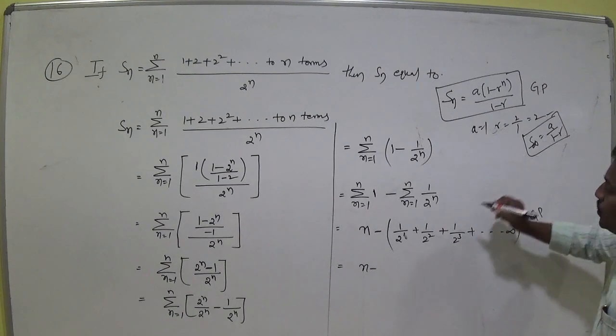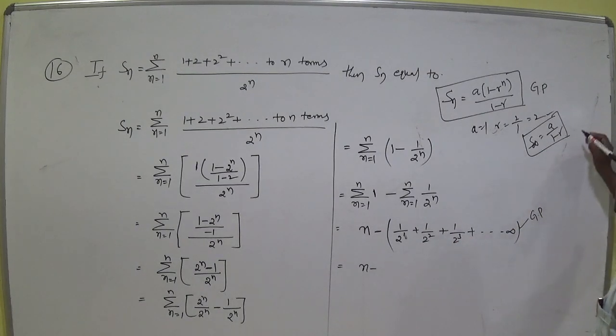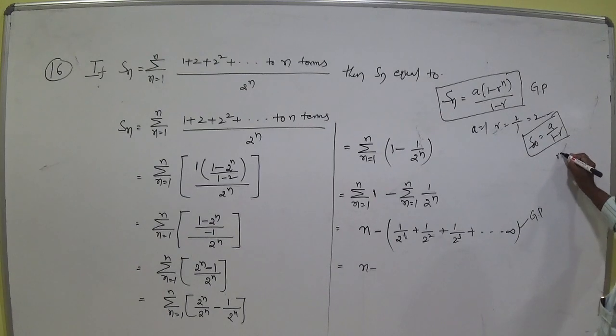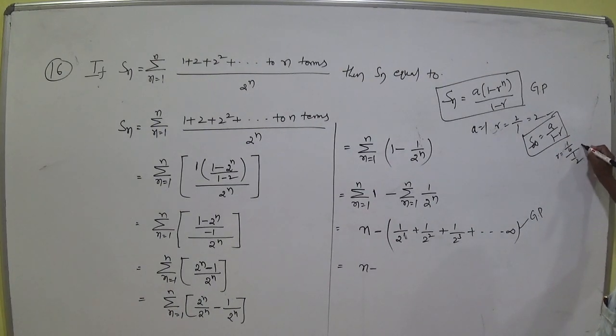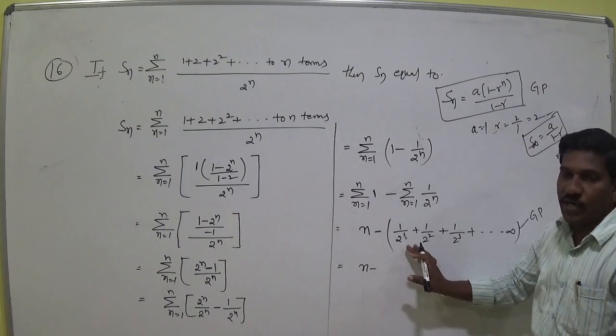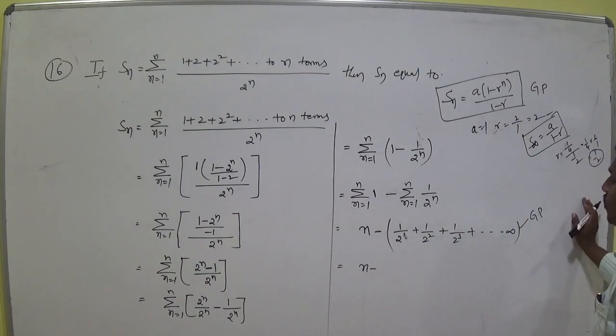Here A value is 1 by 2. R value: r equal to 1 by 2 square divided by 1 by 2, that means 1 by 4 into 2 by 1, that means 1 by 2. That is also 1 by 2. A is 1 by 2, r is also 1 by 2.